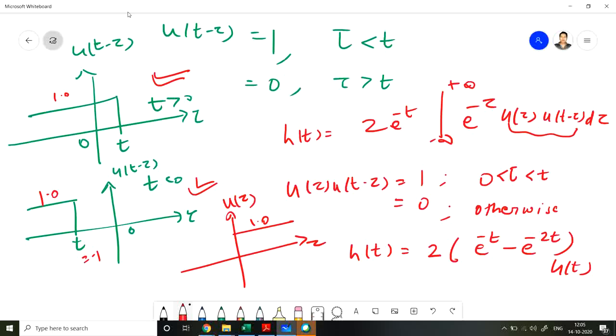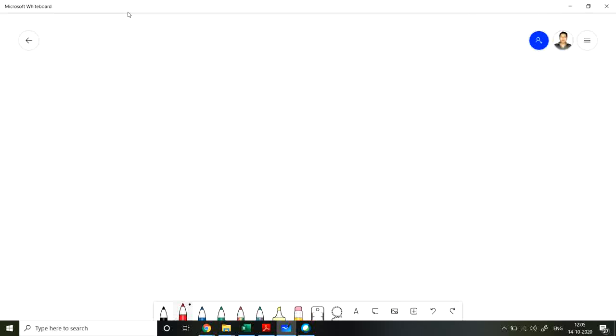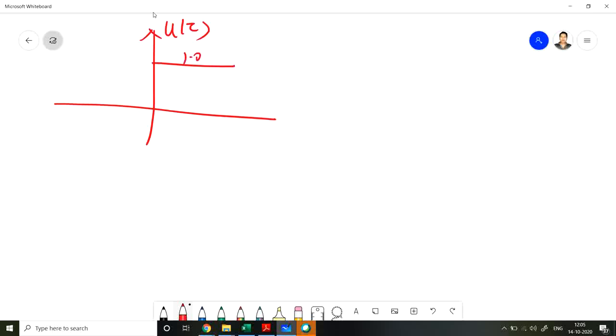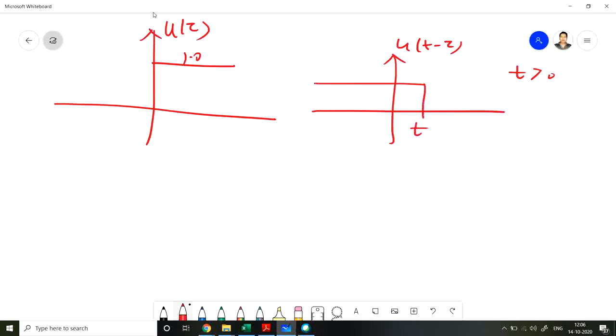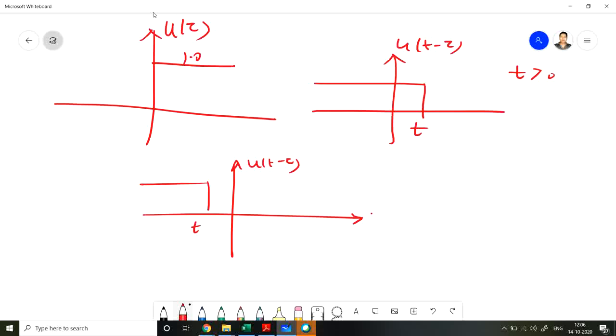Let me explain this again. This is a very important concept. Basically, you have u(tau), and the second thing is u(t minus tau) for t greater than 0, and this is u(t minus tau) for t less than 0.